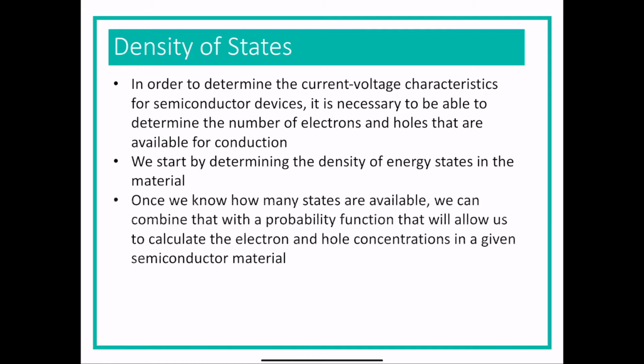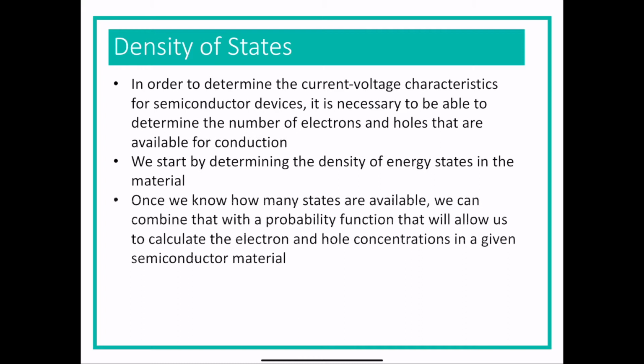So we're going to talk today just about how to figure out how many states there are, and how to figure out the probability of certain states being occupied at certain energy levels. And then after the coming test, we will actually put those together and be able to determine the number of electrons or holes in a particular type of material.